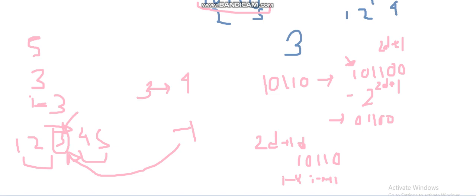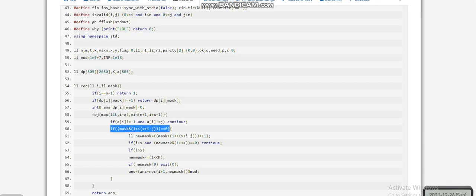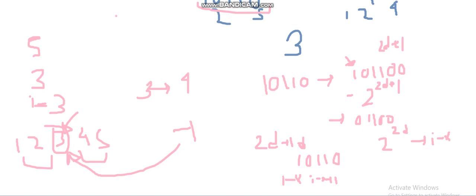By calculating you can find out that this is 2 to the power 2d, which will be for i minus x. By this you can easily find out what the value will be. I think the value will be x plus i minus j, sorry, so the value will be d plus i minus j.